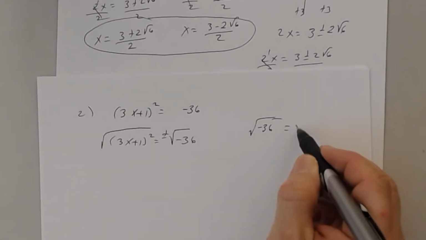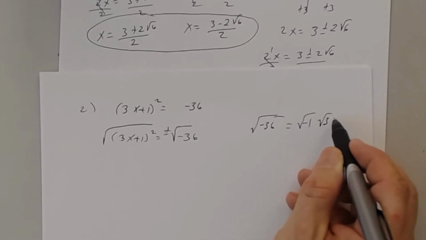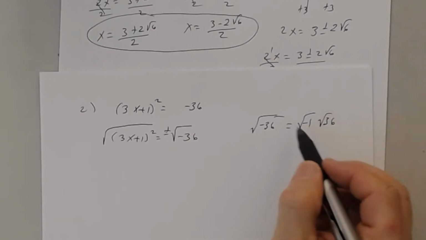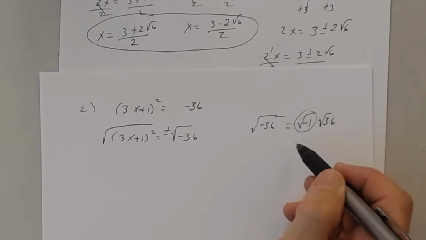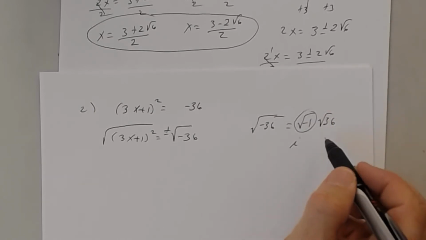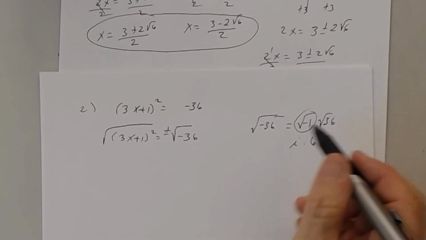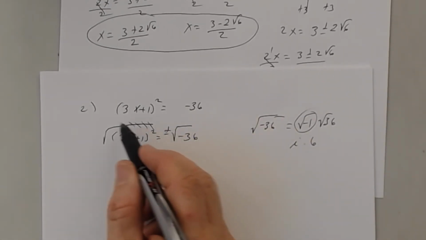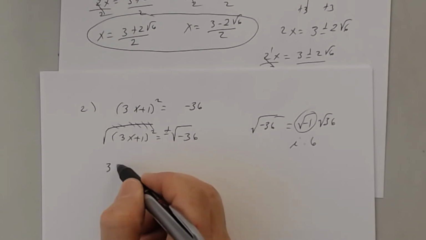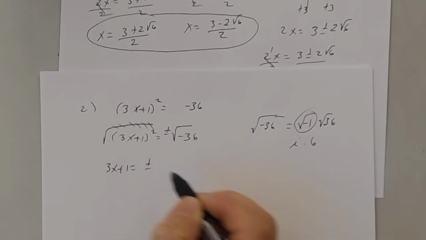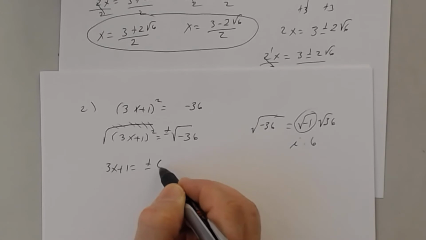So I can write this as the square root of negative 1 times the square root of 36, right? And what's the square root of negative 1 the same as? The imaginary number i. And the square root of 36 is 6. So this becomes 3x plus 1 equals plus or minus 6i.